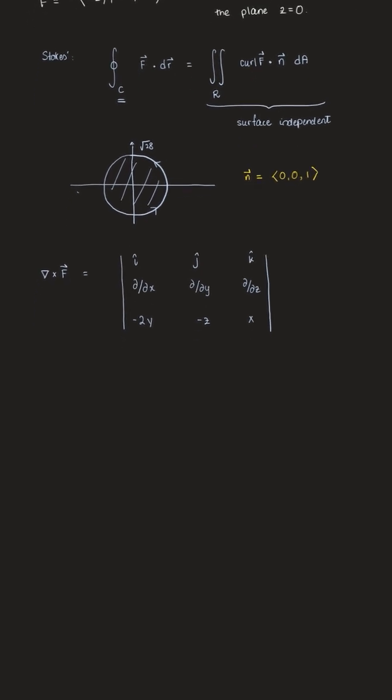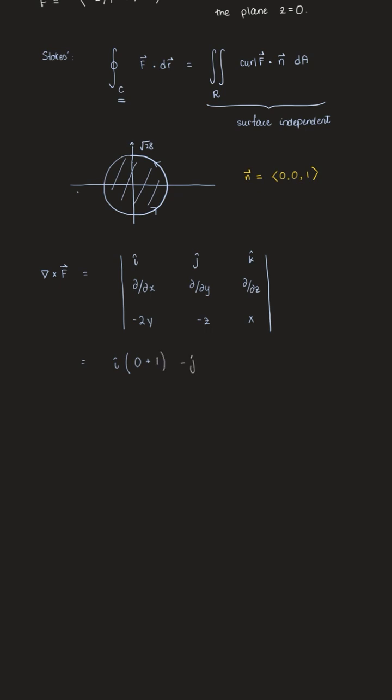For the first component, we're going to do the partial of x with respect to y, which is 0, minus the partial of negative z with respect to z, which will give us a plus 1.